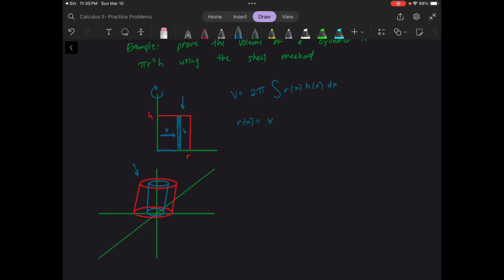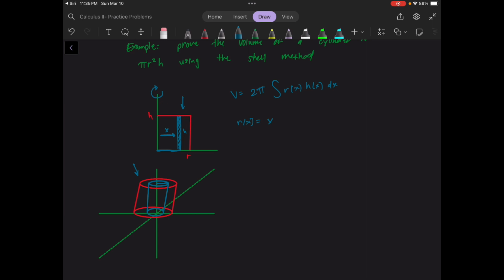Whatever x value this slice is at, like for example, this value, call it x. If you go straight down into the function, you can see that the radius, if I drew it correctly, the radius of that shell would match up exactly with the picture we drew here. So the function x just represents the radius.